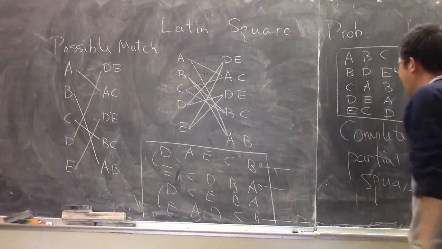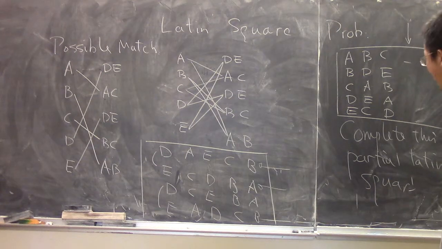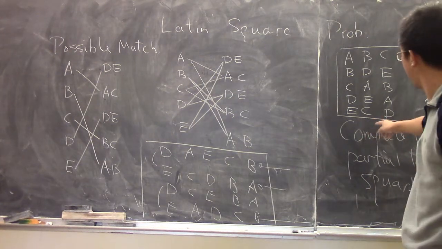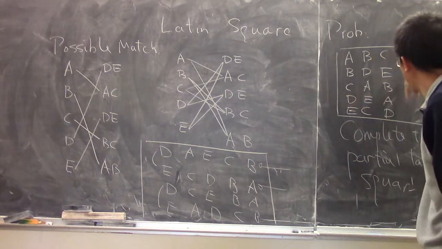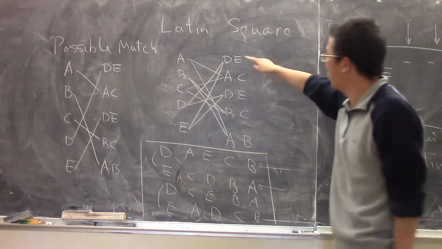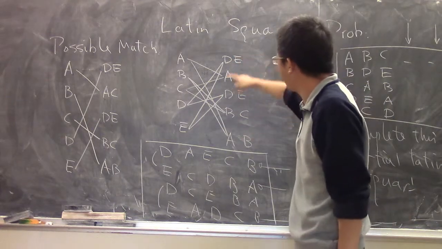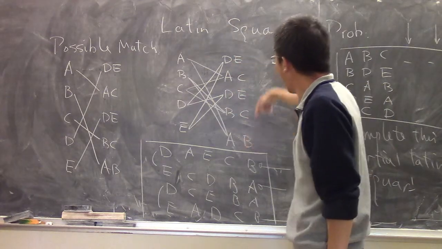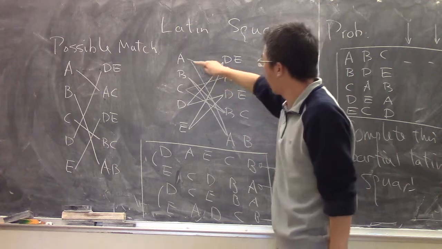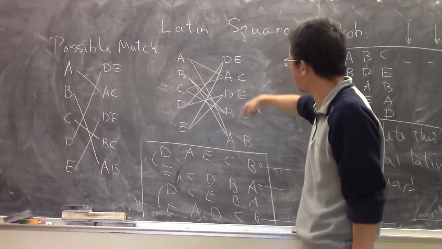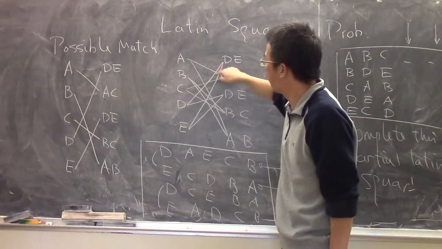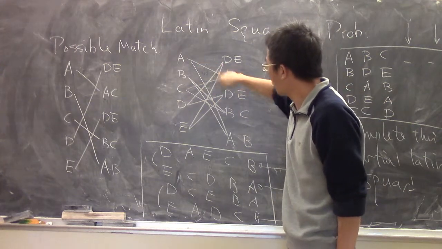So basically, the idea is you have this partial Latin square, you come up with the left letters you have to use, and you want to pick A, B, C, D, E from these words. In other words, you want to find a match.